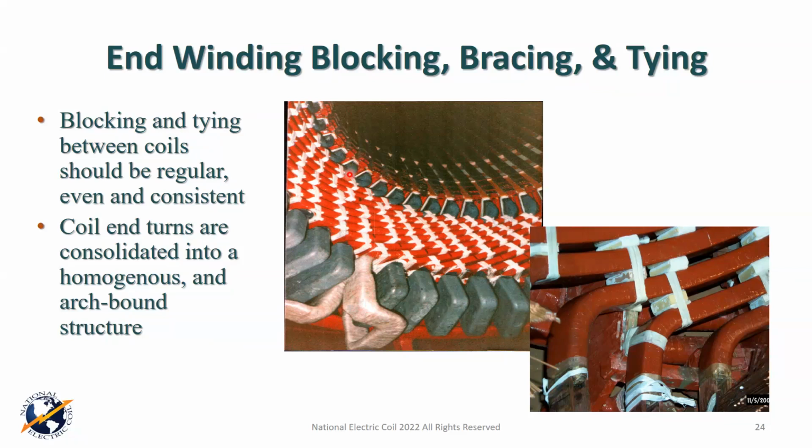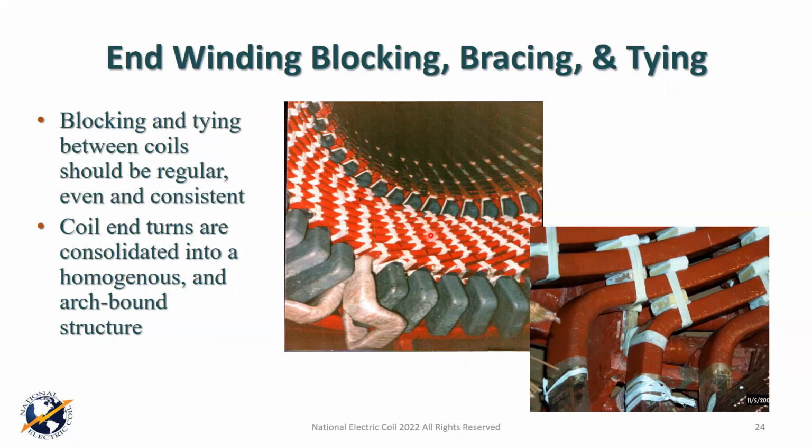But the important thing I want to show you in this picture is that it's important to keep this end winding consolidated, so it has a nice hoop strength. So it's not going to move around, it's not going to vibrate, and it's not going to resonate. And we'll hopefully get into this a little bit later when we talk about resonance and vibration, but they are different. They can be happening at the same time, but vibration is a function of driving forces and so on, and resonance is a function of frequency.